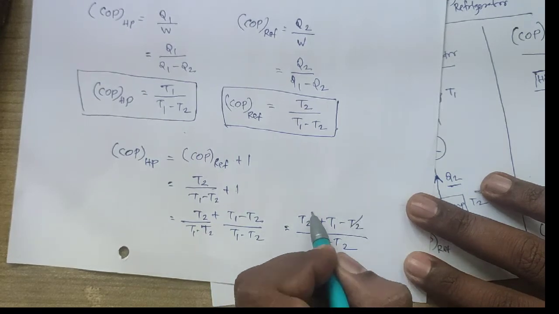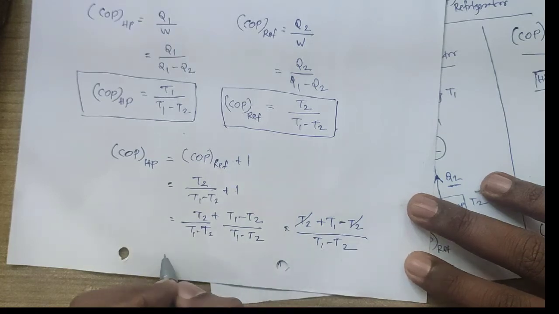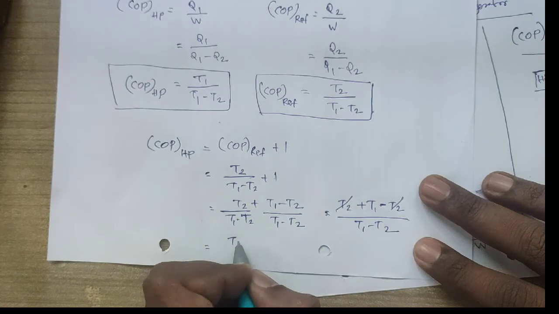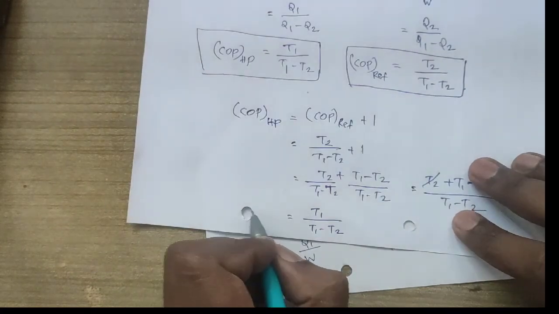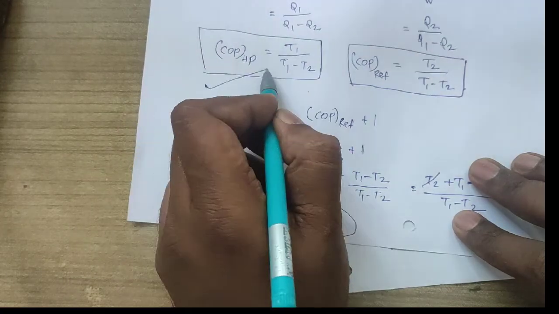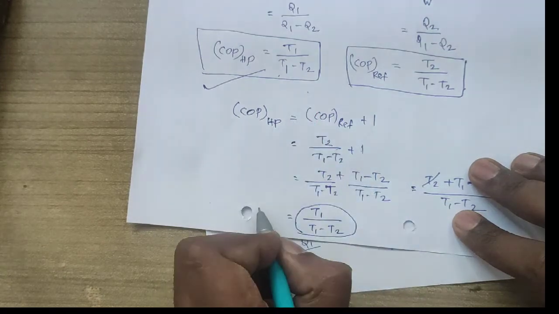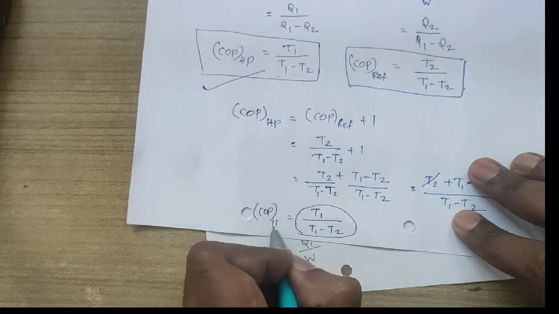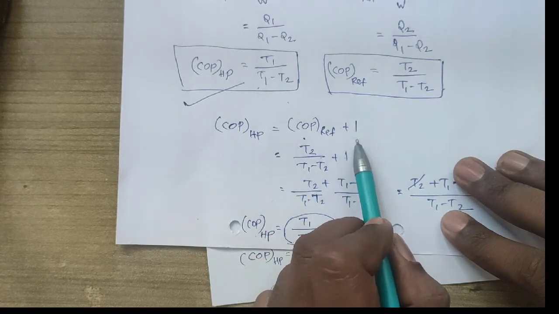Here T2 and T2 cancel because of the minus sign. What remains? T1 upon T1 minus T2. This is the COP of heat pump, T1 upon T1 minus T2. So our statement is proved: COP of heat pump is equal to COP of refrigerator plus 1.